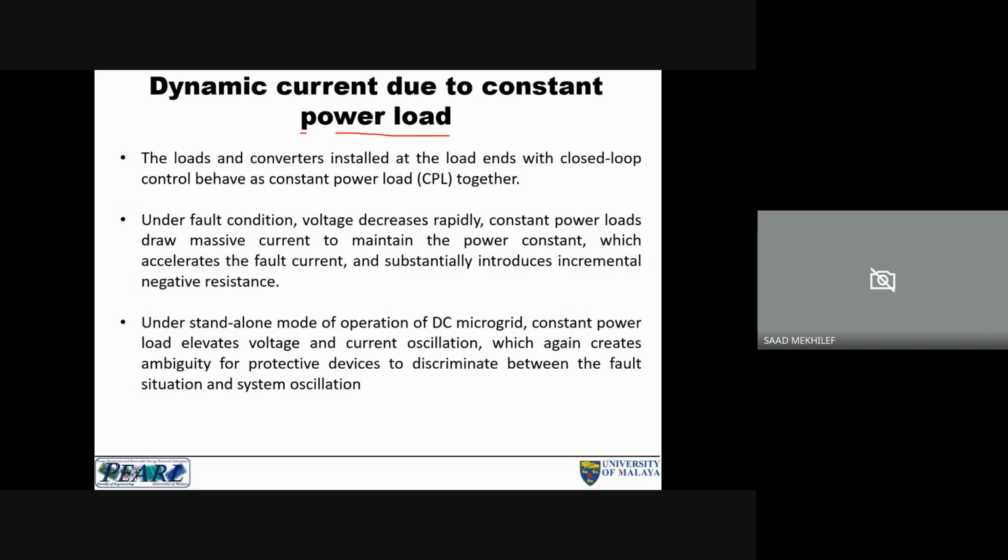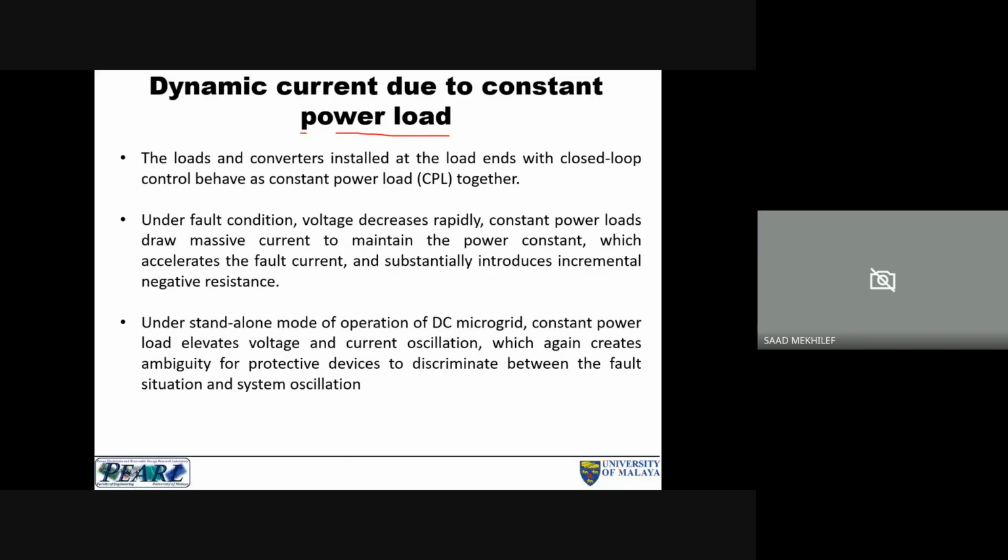Constant power loads draw massive current to maintain the constant power, which accelerates the fault currents. So under a standalone mode of operation of a DC microgrid, constant power loads elevate the voltage and current oscillations. They try to withdraw constant power as much as possible.